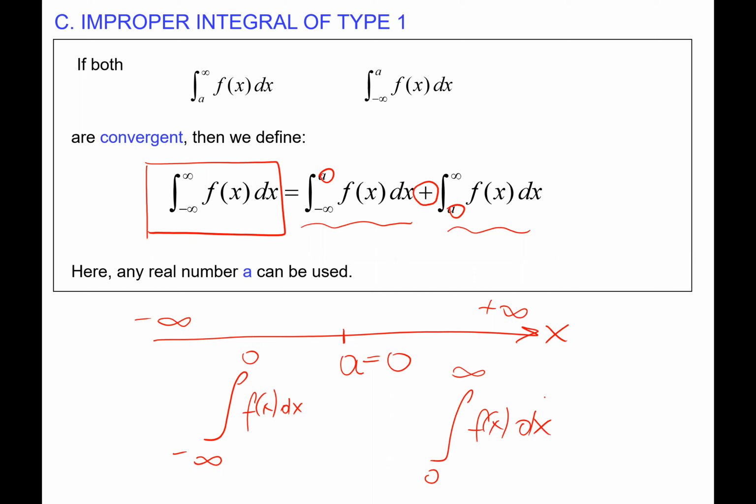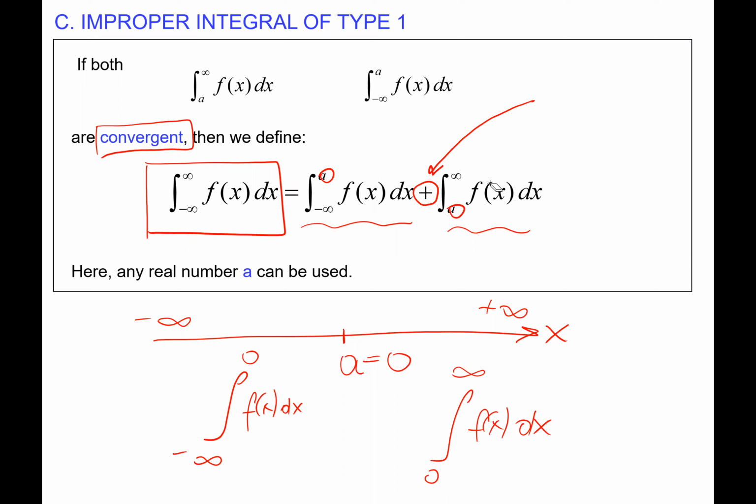I think that's good. The thing is, we have to be really careful. I will compute the first one, I will compute the second one, and then I can add them together if and only if both of them are convergent. Convergent means the limit behind the integral exists as a finite number.